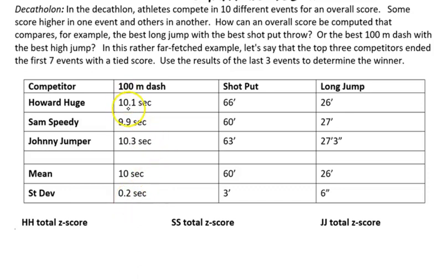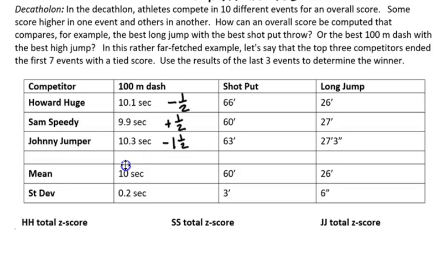So we see that Howard Huge is 1/2 of a standard deviation slower than the mean. So we're going to award him a -1/2 for 1/2 of a standard deviation slower. Sam Speedy is 1/2 of a standard deviation faster, so we're going to award him a +1/2. And at 10.3 seconds, Johnny Jumper is 1.5 standard deviations slower than the mean.